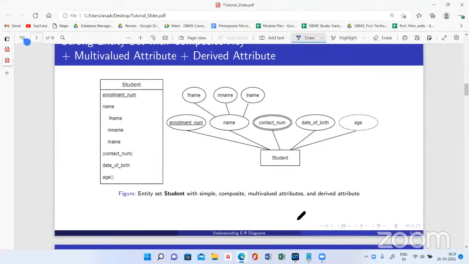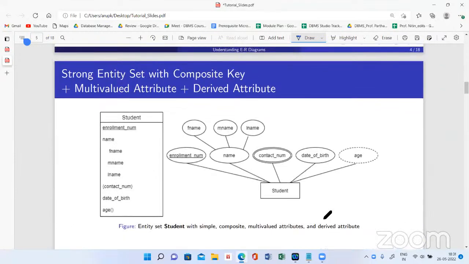Now derived attribute. A derived attribute is something that can be computed from another attribute on the particular entity set. So suppose if you look at this particular entity set, you are having two attributes, date of birth and age.